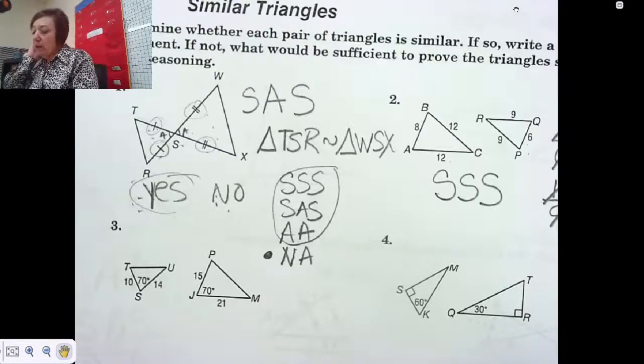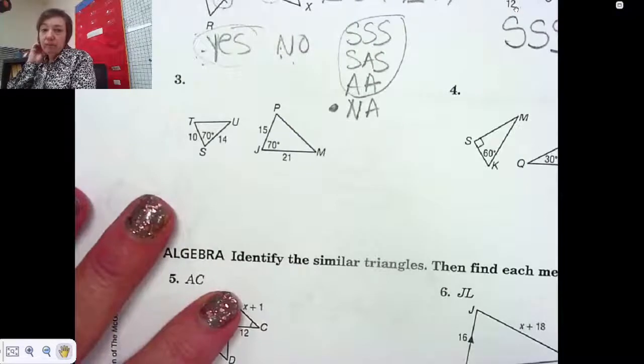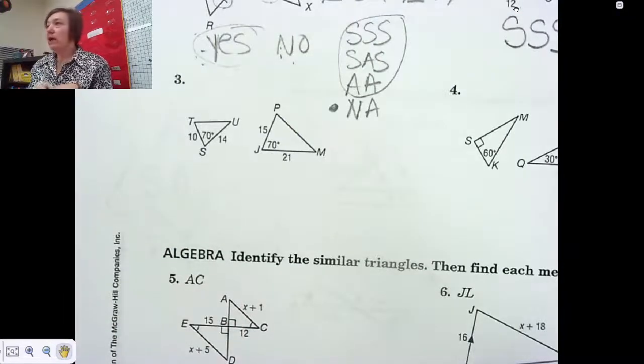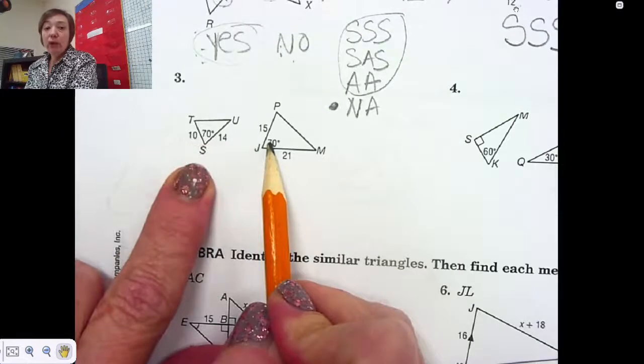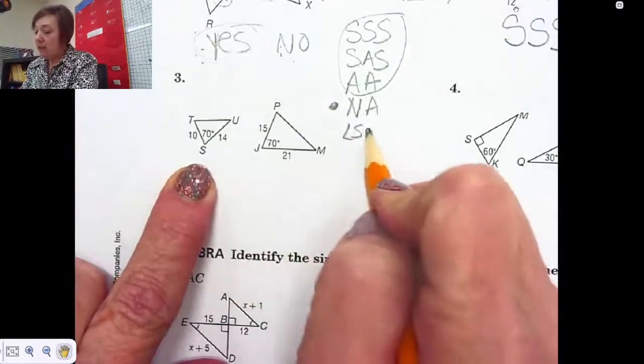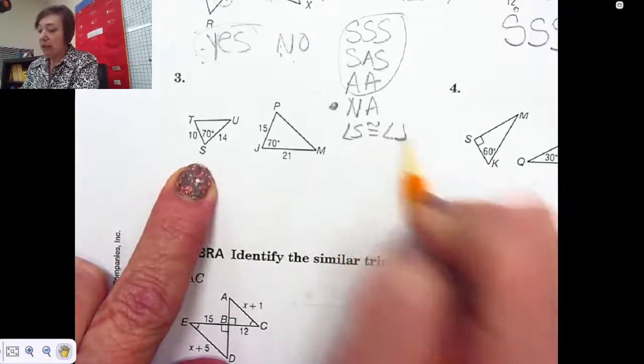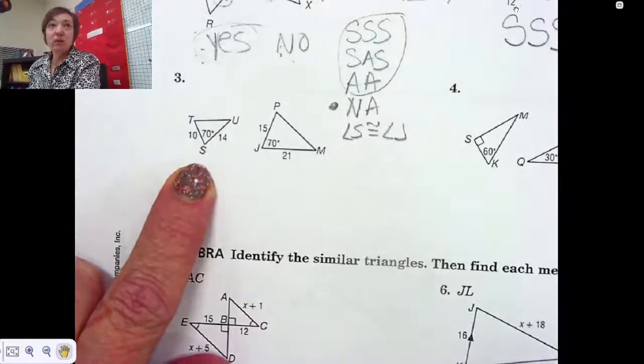Okay, look at number 3. Based on the information we have here, which theorem might we be using? Side, angle, side. We know the angles are congruent, right? We know that angle S is congruent to angle J, because it says they're both 70.